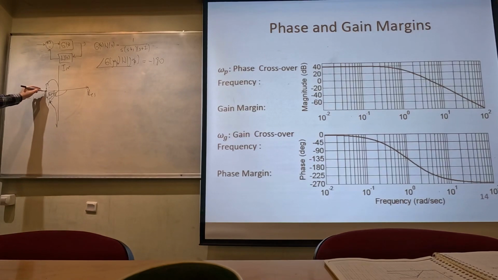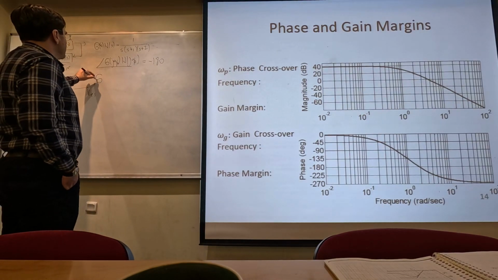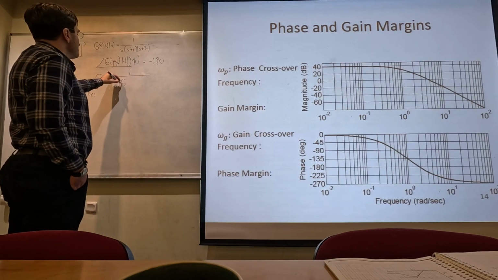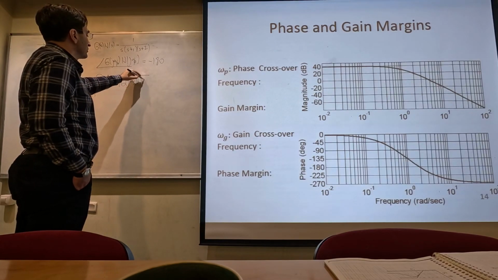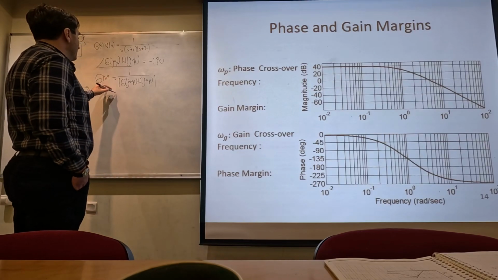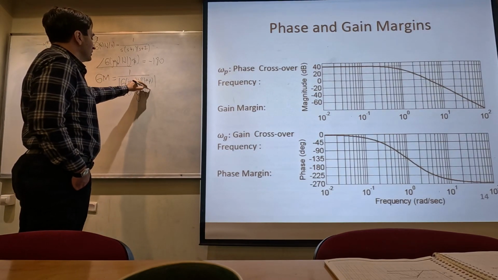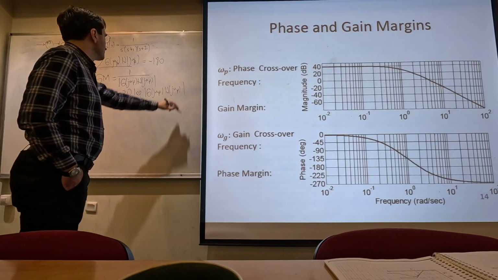Here, the gain at that point determines the gain margin of the system. The gain margin is going to be 1 over the magnitude of the system at this phase crossover frequency. This is the linear scale. If I look at the same thing in dB scale, it is minus 20 log of G(jωp)H(jωp).